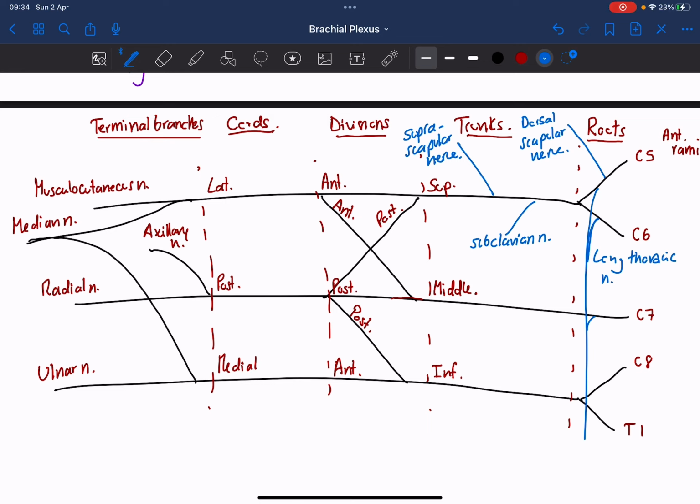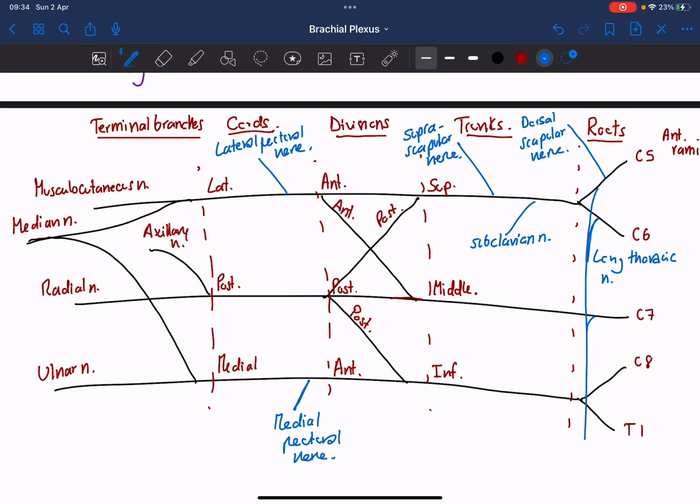The divisions don't usually have any branches, but there are a few more branches coming out from the cords. There is one that comes from the lateral cord, which is the lateral pectoral nerve. There is also one that arises from the medial cord, which is known as the medial pectoral nerve.